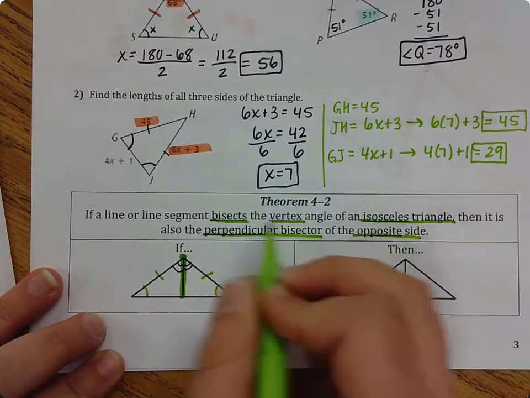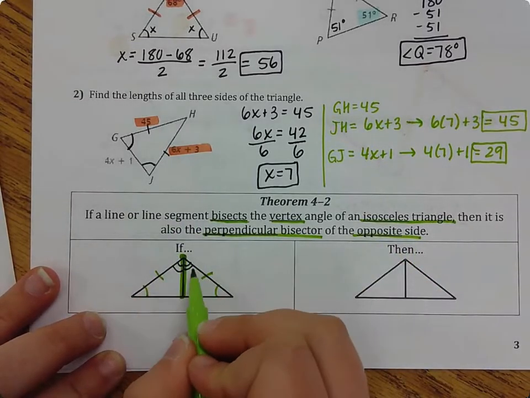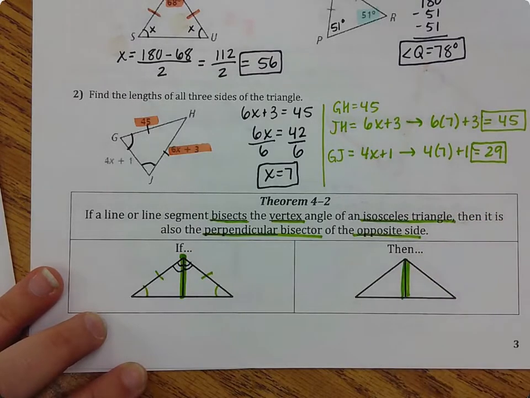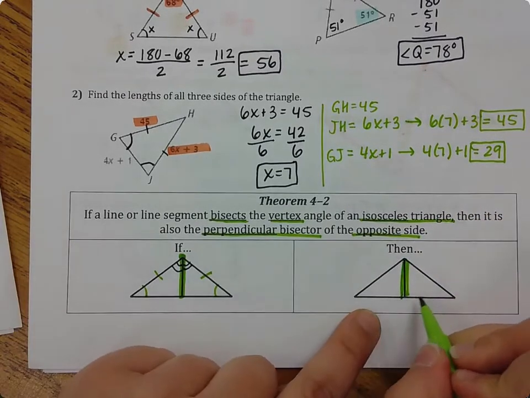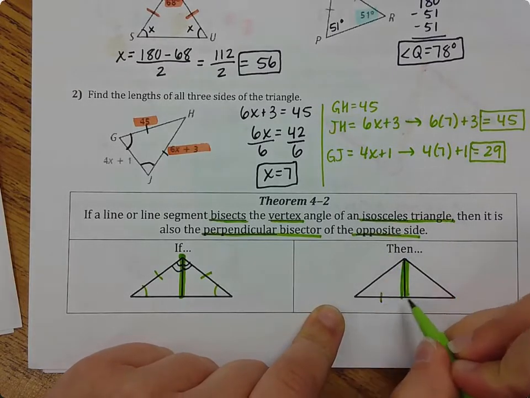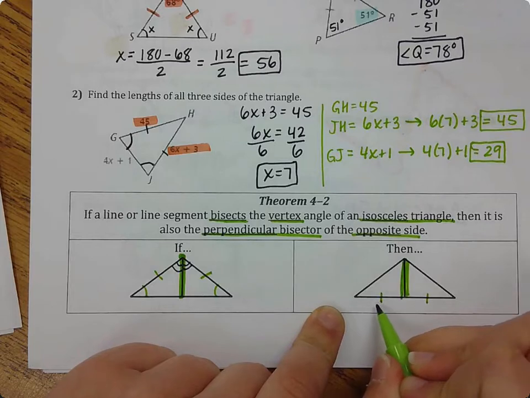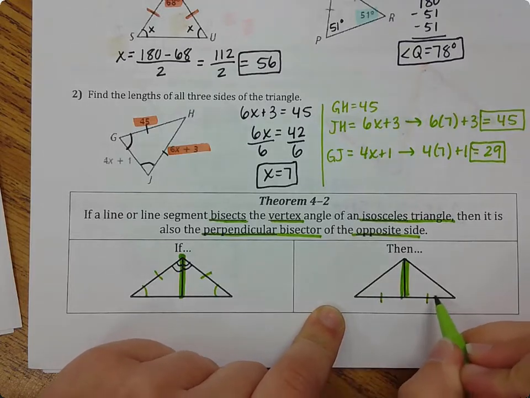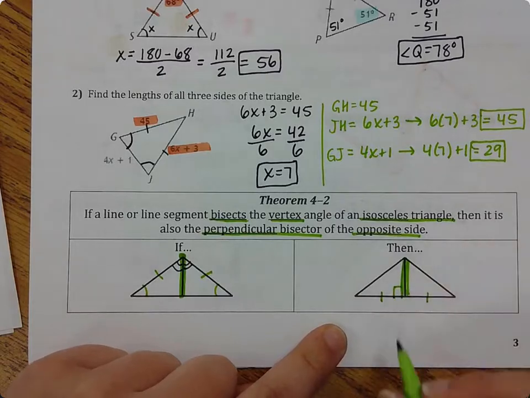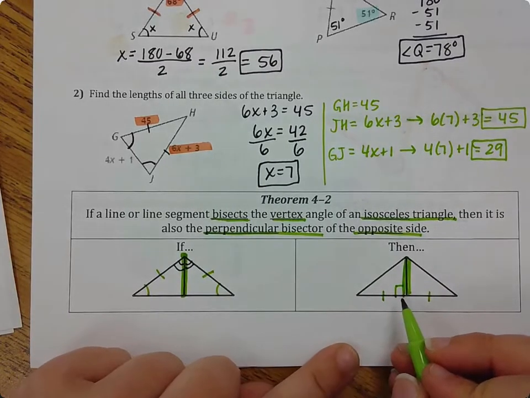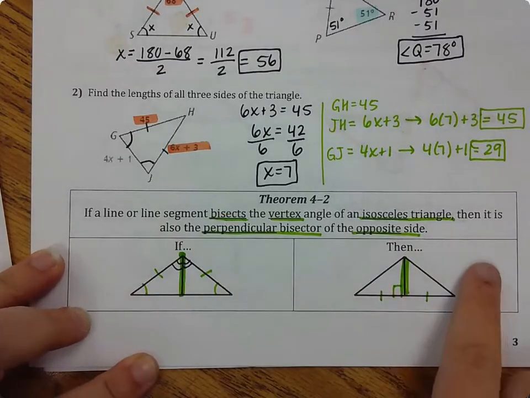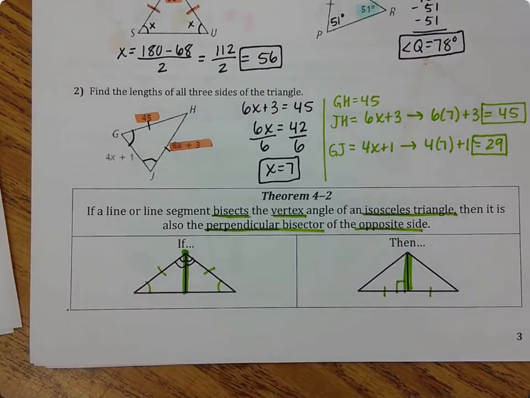So that line or segment bisects the angle, and the same line or segment bisects this opposite side. Bisects means it's going to cut into two equal parts. So we've got this side congruent to this side, and perpendicular means it intersects at a 90-degree angle.